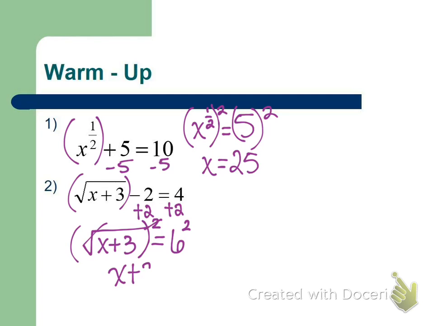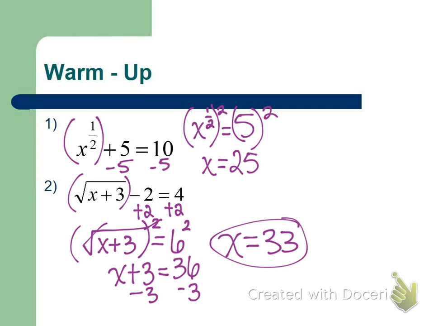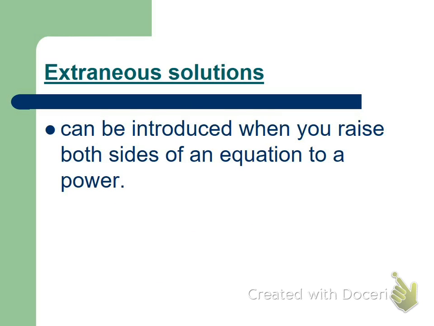We're left with x plus 3 equals 36. Last thing. Subtract the 3, we get x equals 33. Questions about the warm-ups or what we did yesterday? Okay, we'll keep it moving then.